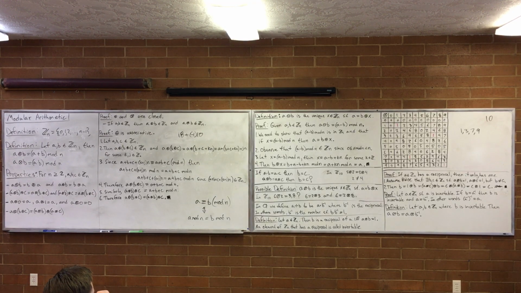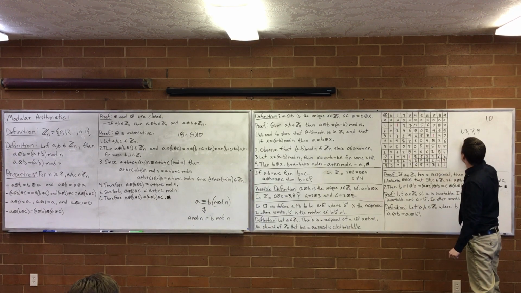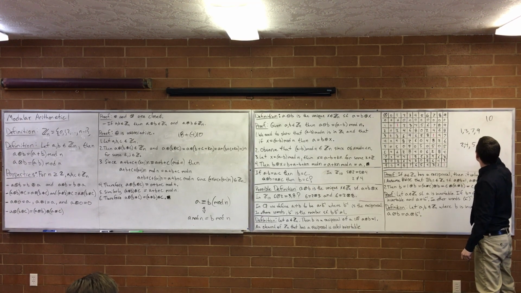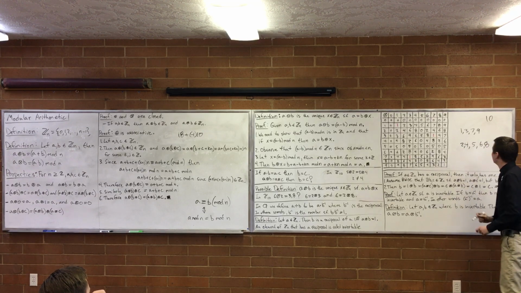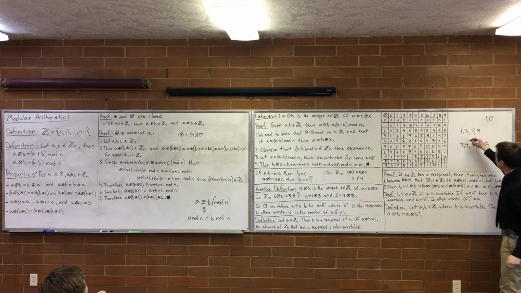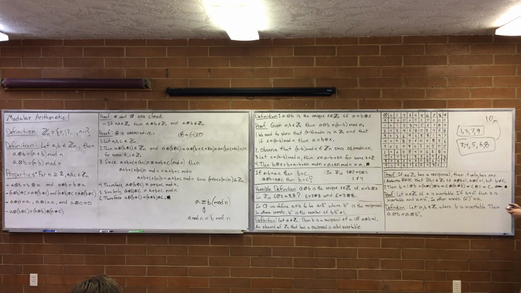Let's look at the numbers that aren't in there. Kind of ignore 0, because obviously 0 is not going to be in there. Let's see: 2, 4, 5, 6, 8. Is there something that these numbers have with respect to 10 that these numbers don't have with respect to 10?